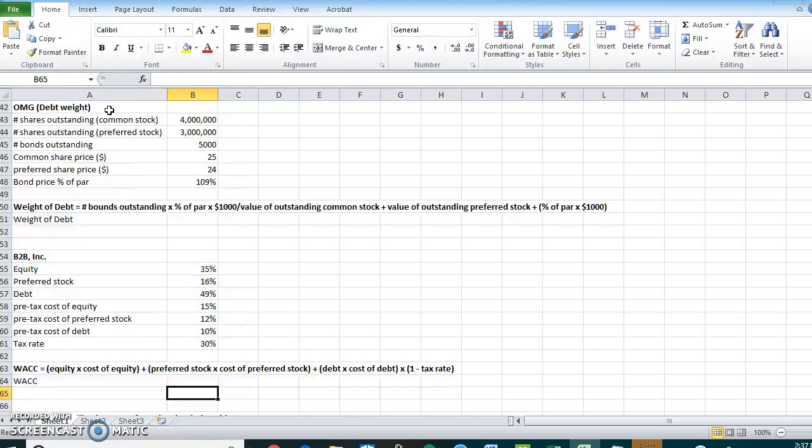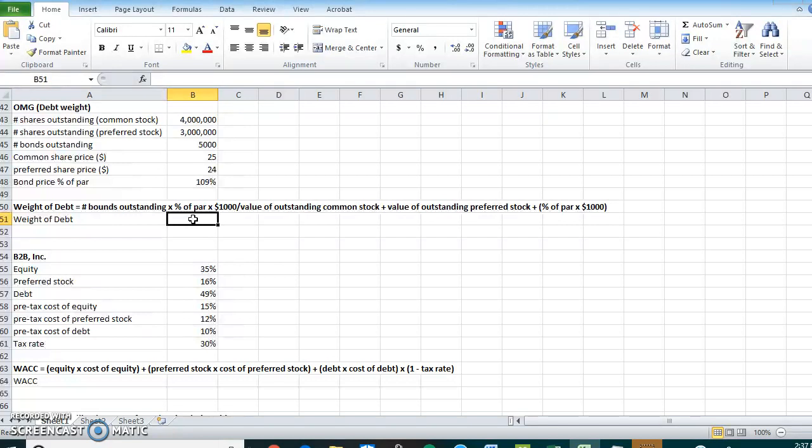And the reason we do that is just think about what kind of instrument a bond is compared to preferred stock and common stock. So that might help you remember it. Bonds are a more secure instrument, the investors know they're getting something back.